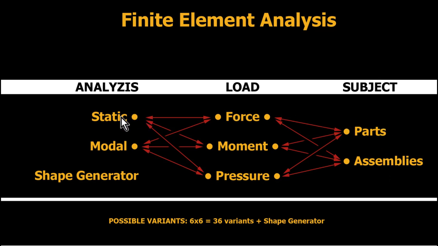This means that you can combine all these possibilities in different analyses, and we count here 6 possibilities and here another 6. So the possible variants are 6 multiplied by 6, meaning 36 variants.